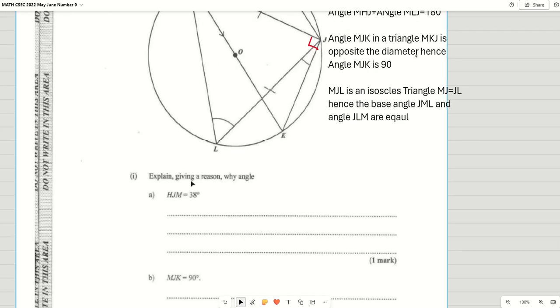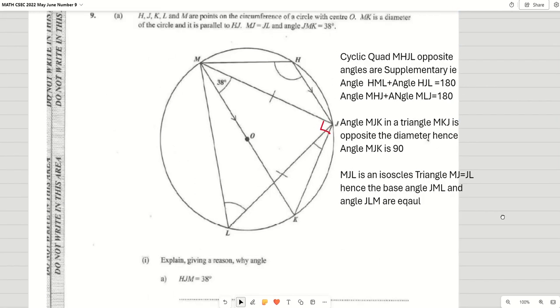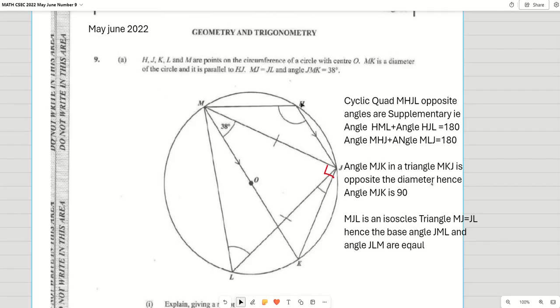Explain, giving reason. So you need to give your reason why these angles are what they are. Why is HJM 38? They're asking you for this angle here. None of the reasons we have done would tell you why.